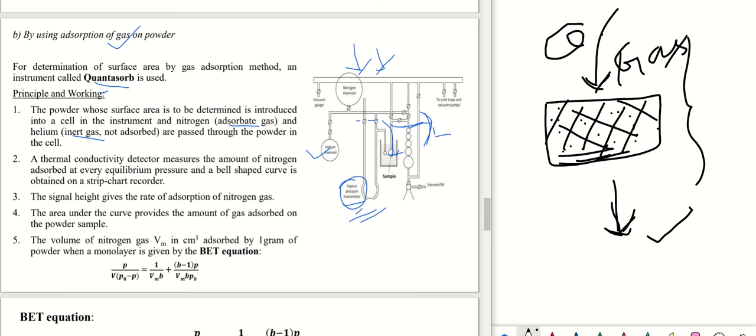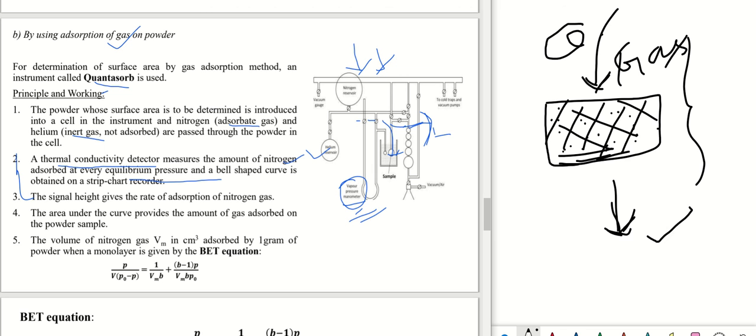Now let's see how the results can be interpreted. A thermal conductivity detector measures the amount of nitrogen absorbed at equilibrium pressure. Now this is entirely automated.